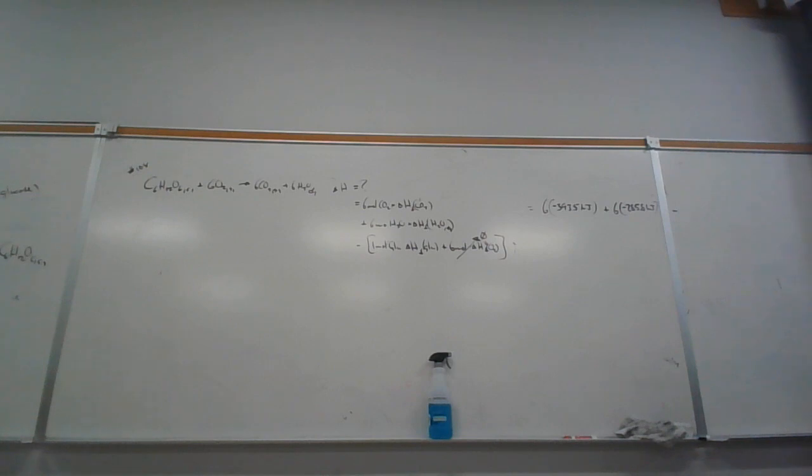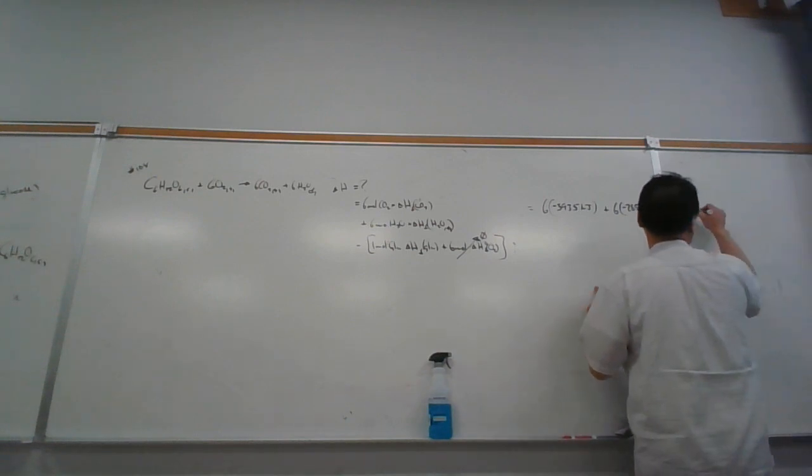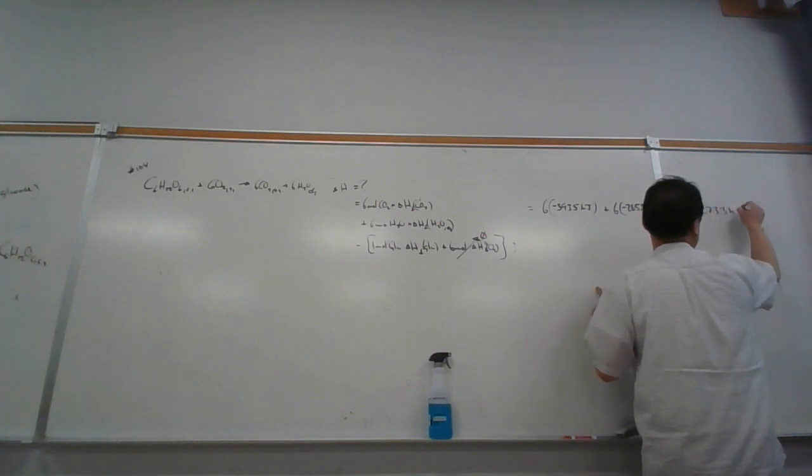And so let's go back to the problem there. The delta H of formation of glucose, actually, this is probably in Appendix D. Glucose is such a common chemical. Minus 1273.3 kilojoules per mole.